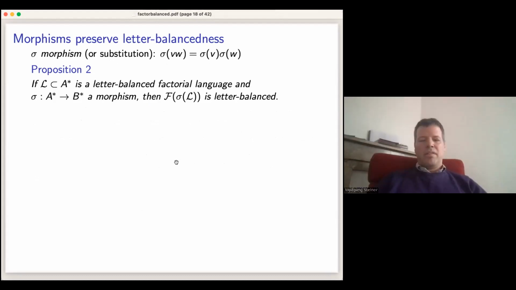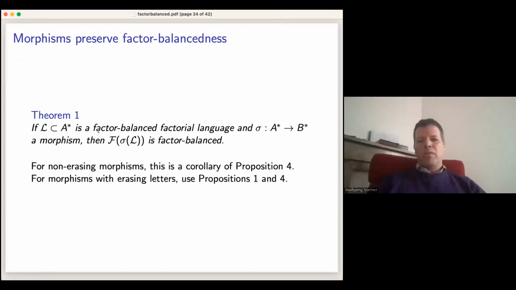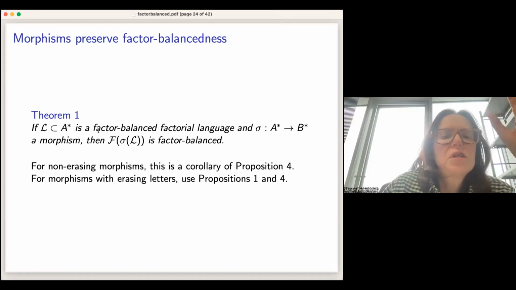No, I don't think so, except that both properties are true for all morphisms. Letter balancedness is preserved by all morphisms, and vector balancedness is preserved by all morphisms. You don't use any recognizability property for the proofs.